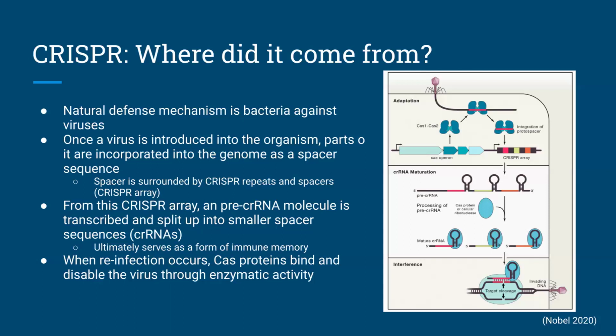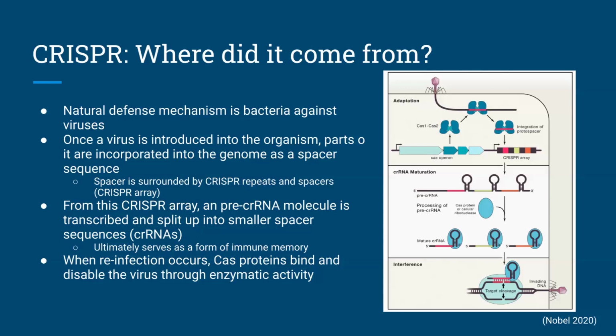And basically, this serves as a form of immune memory because you're taking parts of the virus genome and integrating them into your DNA, putting those spacers in so it's not targeted after the production of the mature crRNA. Those spacers are important so you don't break up your own genome.